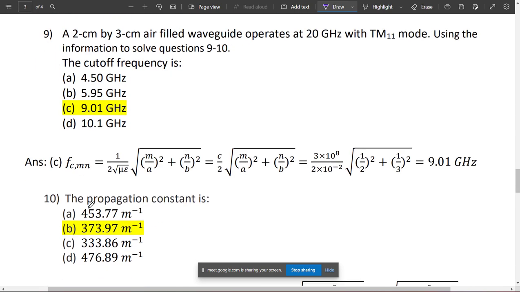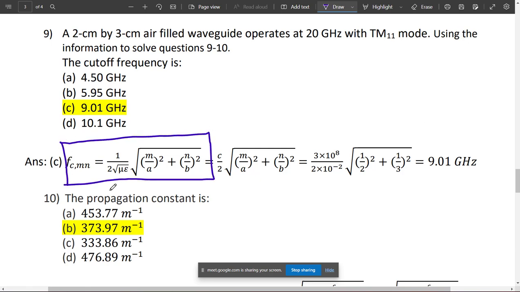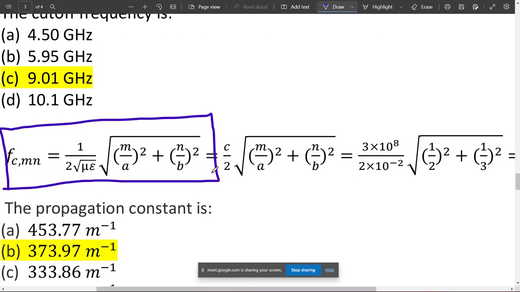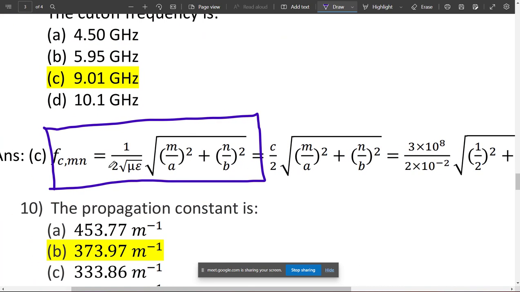The formula to find out the cutoff frequency is this. Fc,mn is equal to 1 upon 2 under root mu epsilon, whole under root (m/a)² + (n/b)².